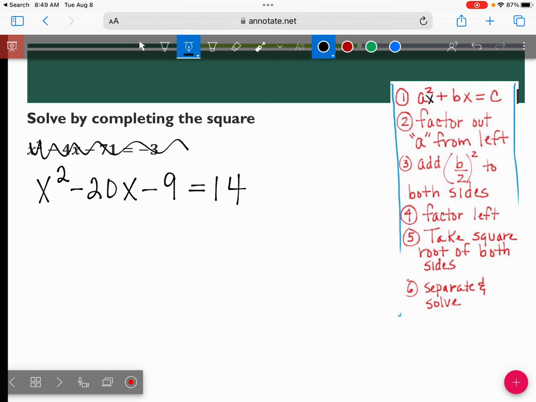Good. All right. So this one you have the square root of 123, which cannot be simplified.